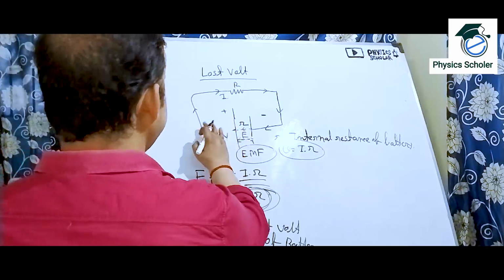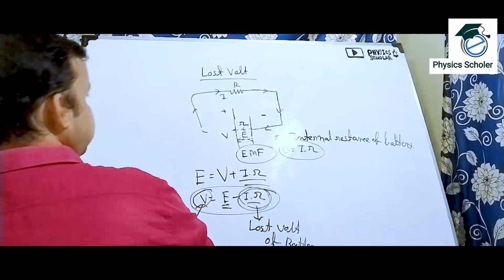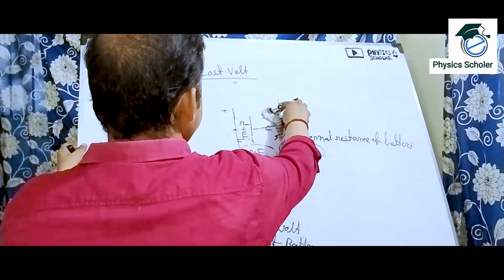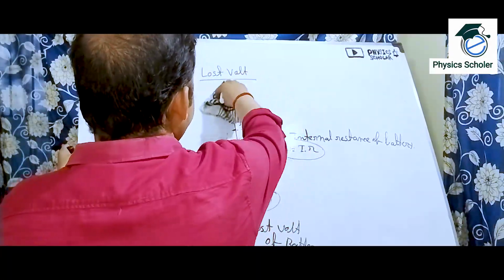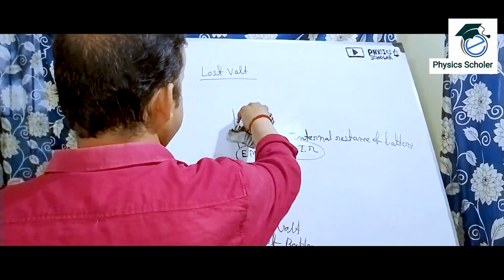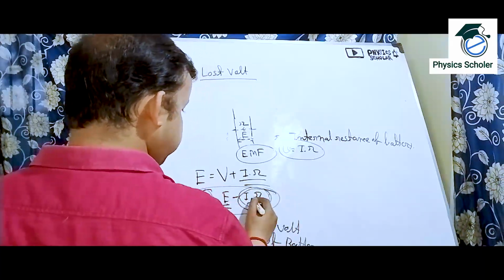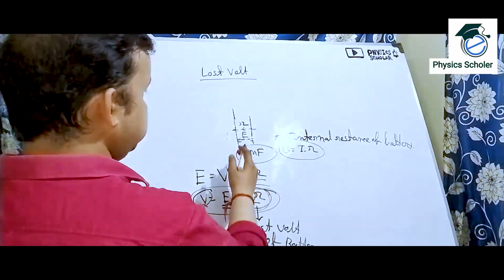Now suppose I am omitting this outer circuit. That means the battery is not connected to any circuit. Then what will happen? I will be 0, that means current will not flow.